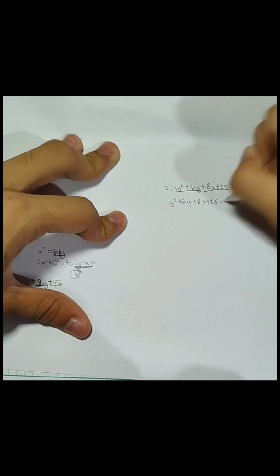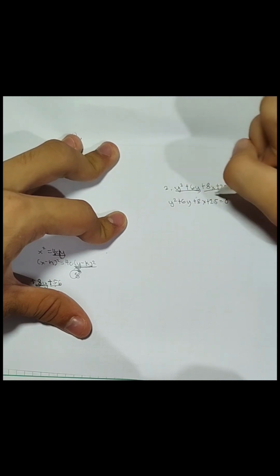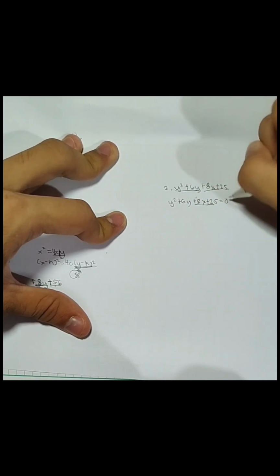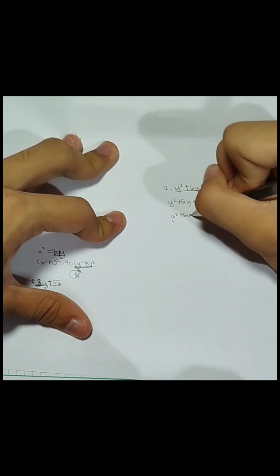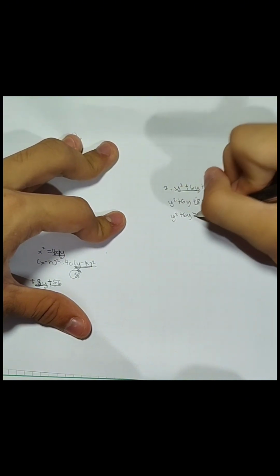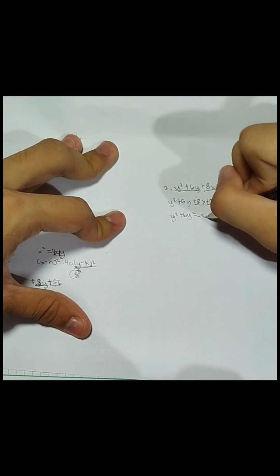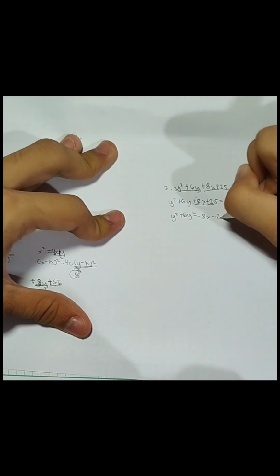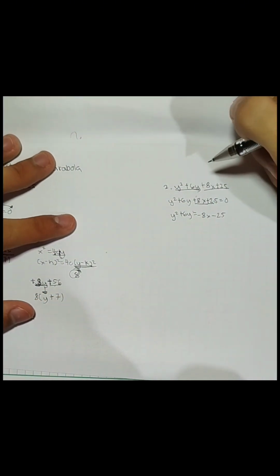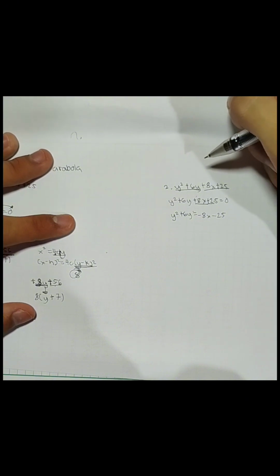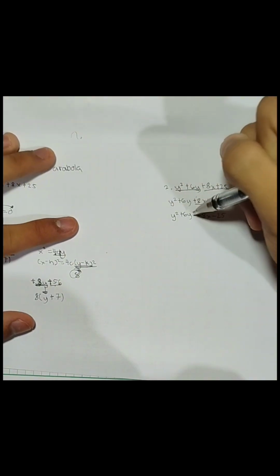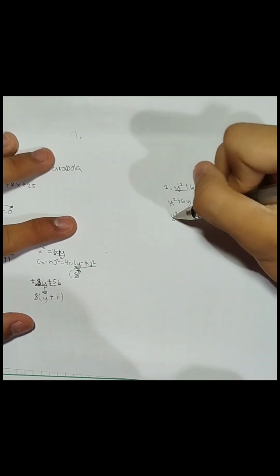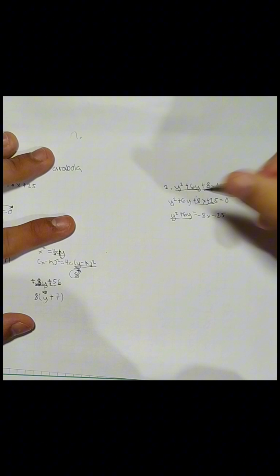First, we're going to transfer 8x and 25 to the other side. Okay, now that you have done that, we're going to place these two into a parenthesis.